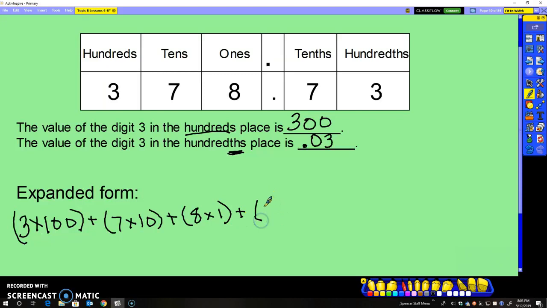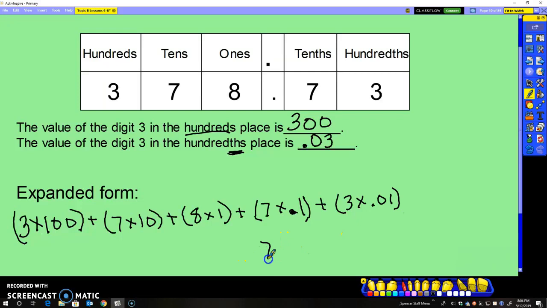My next place value has a 7 in it, and that 7 is worth 1/10. And here at the end we have 3, and these are worth 1/100.